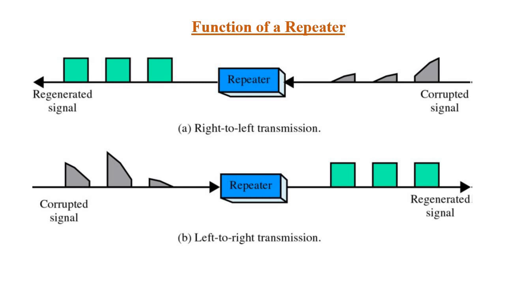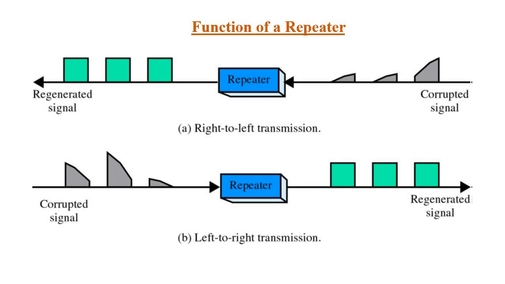Diagram A represents the data transmission from right to left, and diagram B represents the data transmission from left to right. In diagram A, the corrupted signal is transferred from right to left through the repeater.